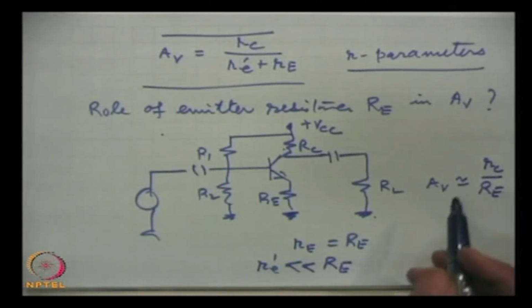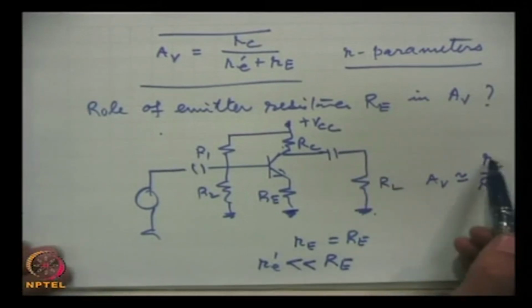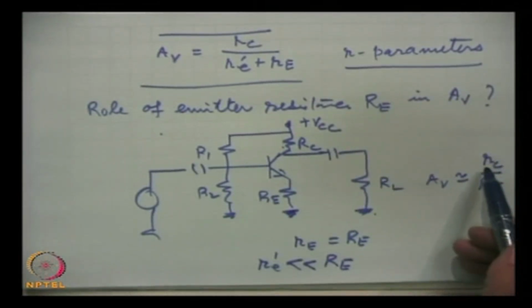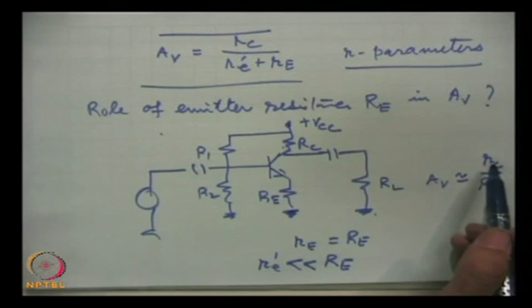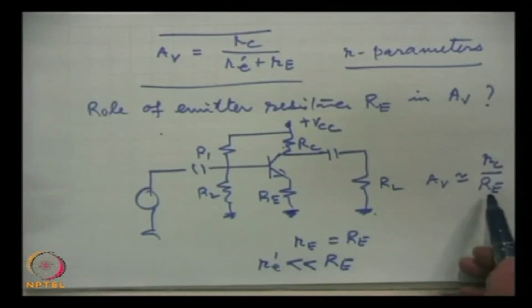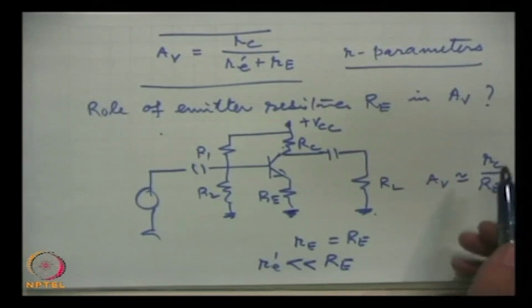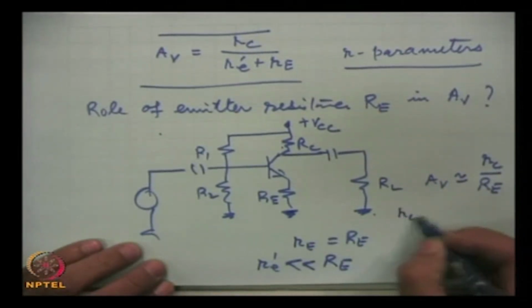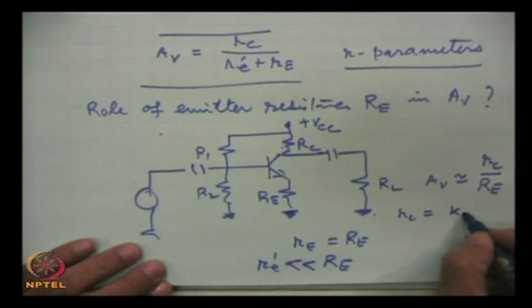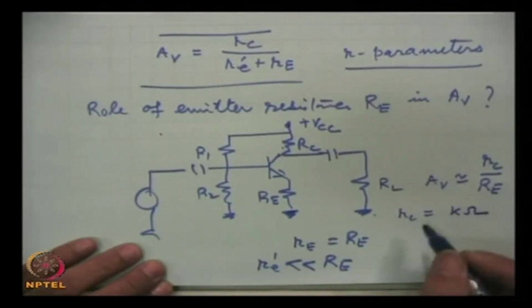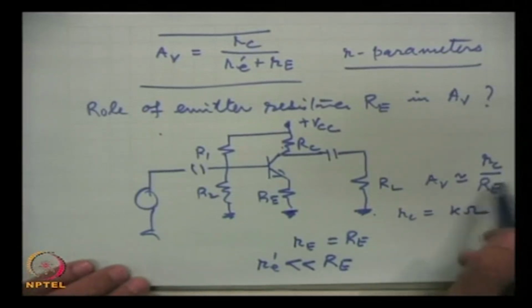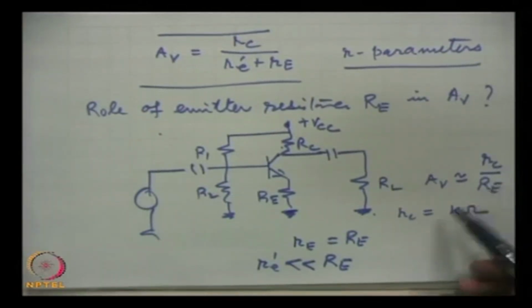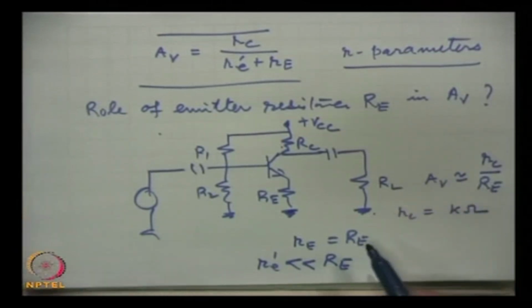The collector resistance will also be in kilo ohms, 1 or 2 kilo ohms, 3 kilo ohms, and this is also in kilo ohms. So, the gain will be extremely low, because this will be almost the same order. So, the gain Av will be low, 3, 4, 5, it will be drastically reduced.